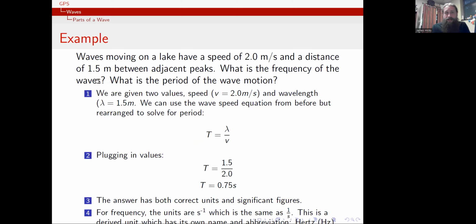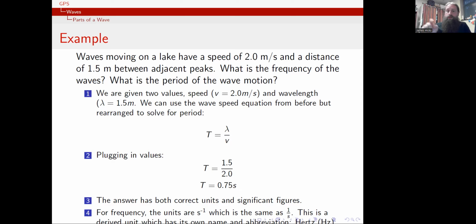And I remember that I measure the wavelength from peak to peak or from trough to trough. So this 1.5 meters has to be the wavelength. So finding the period is just dividing wavelength by wave speed, and you get 0.75 seconds.